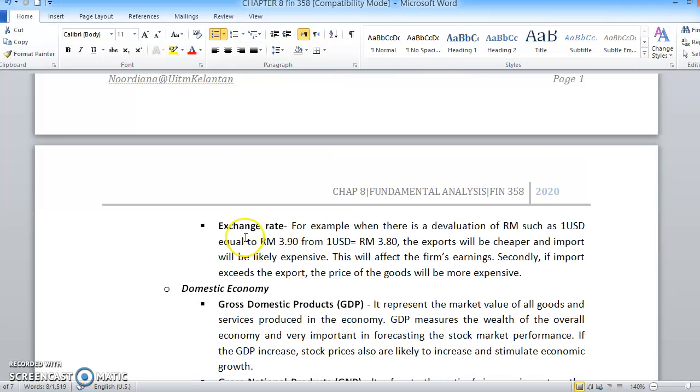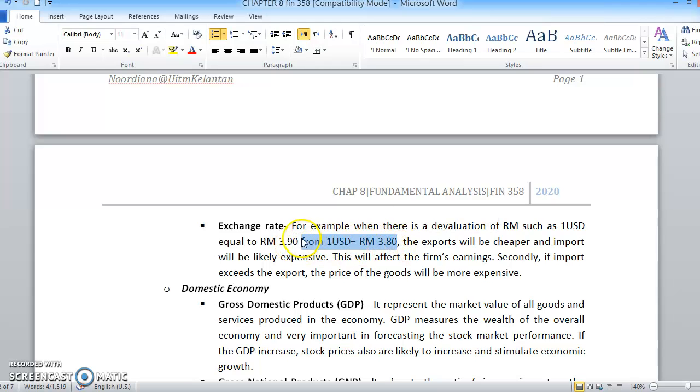Okay, so the third is on the exchange rate. For example, when there is a devaluation of Ringgit Malaysia, RM, such as 1 USD equal to RM 3.9 from 1 USD equal to RM 3.8. Look at how they move.